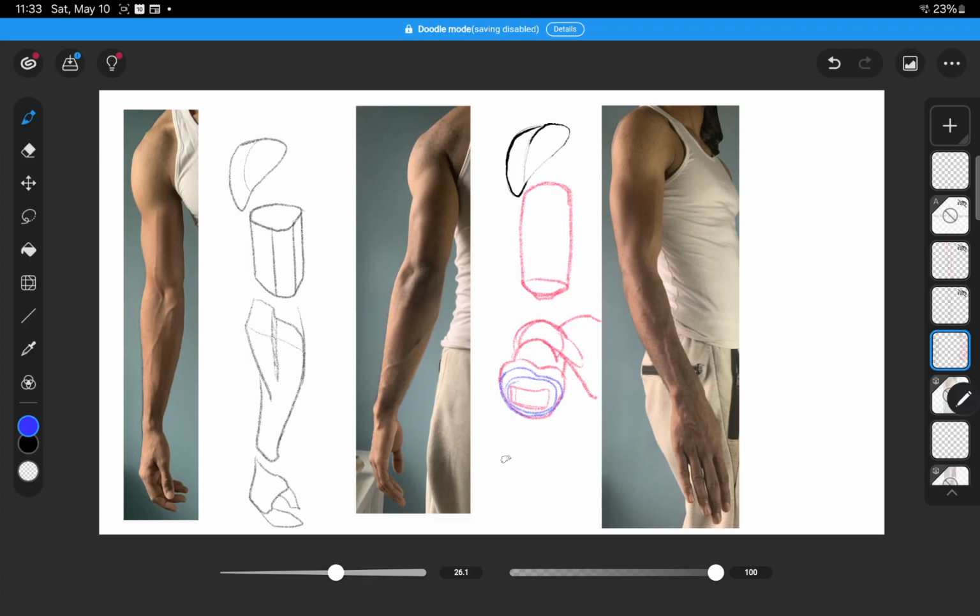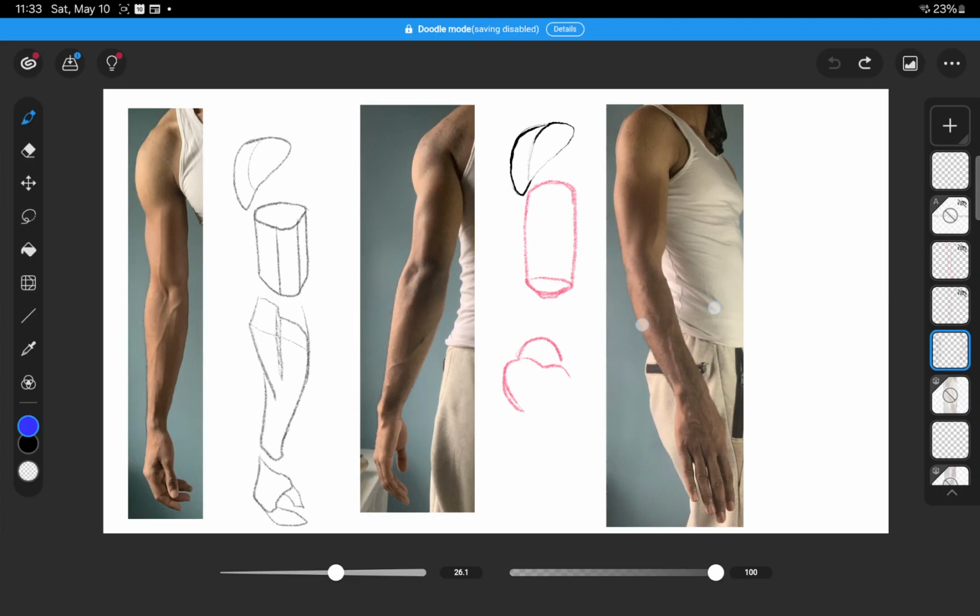But that's essentially the shape of it when you're looking at it from straight on. The top has two bumps, and then the bottom is curved. So that's what that is. Take all this away.